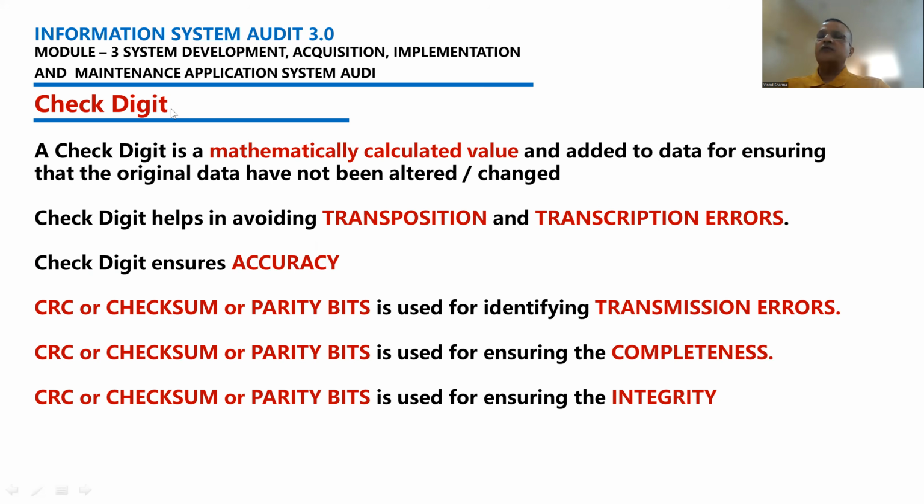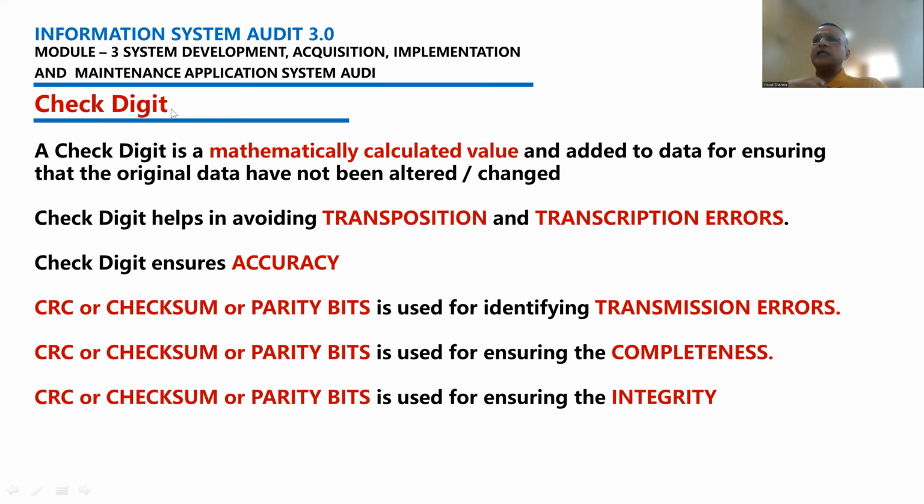Before I move into the technicality of check digit and these checks, I'll just talk about it. What happened is that in the computers, the numbers are stored in the form of digits, zeros and ones. Everything is stored in the form of zeros and ones, they're called bits.